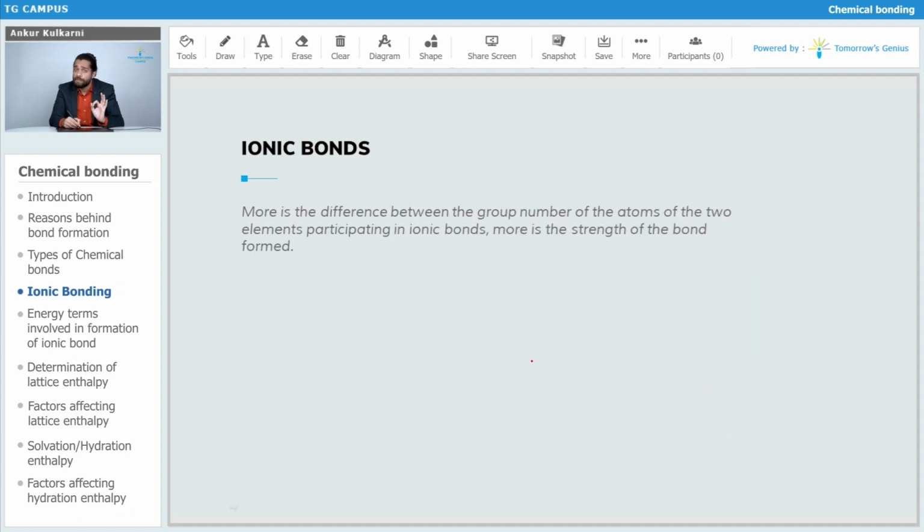So now that we have understood electropositivity and electronegativity, you can say that the more the difference between the group numbers of the atoms of the 2 elements participating in an ionic bond, the more is the strength of the bond, correct? If there is a bond formation between group 1 elements like sodium and group 17 elements like fluorine, group 1 is extremely electropositive in nature, correct?